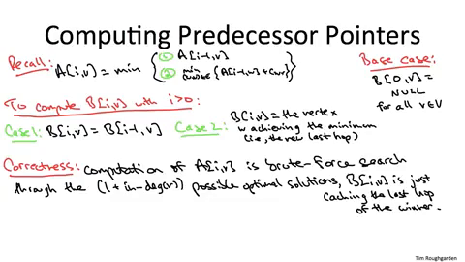Therefore, we again need only constant space per destination v to maintain both the shortest path distance from s to v with at most i hops and the predecessor pointer. So this is great. For input graphs that don't have negative cost cycles, we can not merely compute the shortest paths in constant space per destination, we can also compute the predecessor pointers in that same space, which allows the reconstruction of shortest paths.